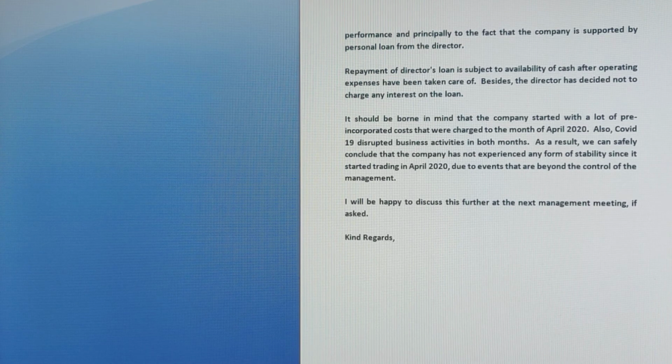You then have to end your report by saying that, look, it should be borne in mind that the company started with a lot of pre-incorporation costs, costs that were incurred before the company started trading. The company started with a lot of pre-trading costs that were charged to the month of April alone.